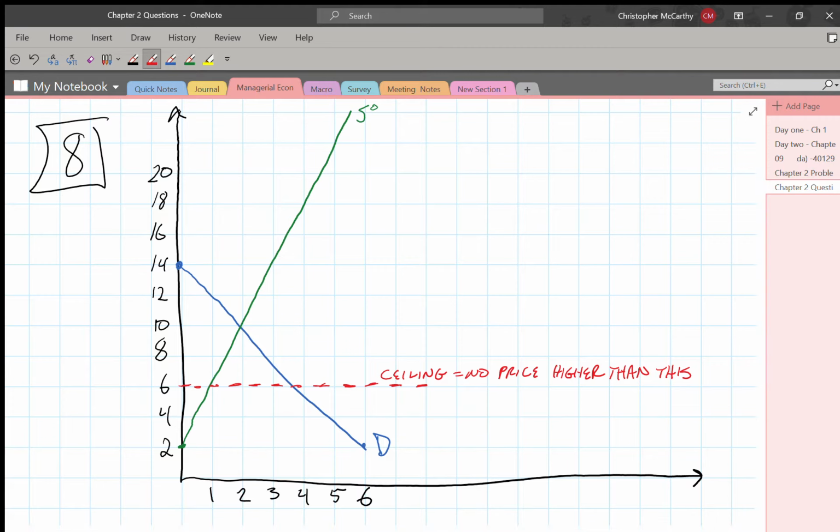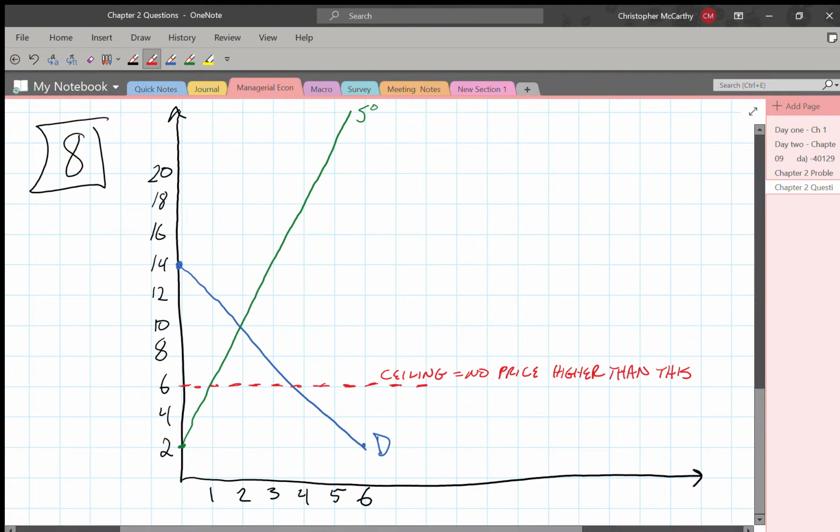So this is a shortage, right? When the amount demanded, so this is the quantity that's demanded here, the quantity demanded is 4, and the quantity that's supplied is only 1.